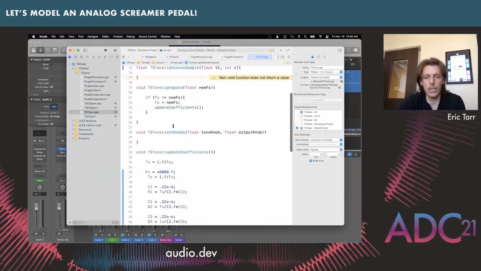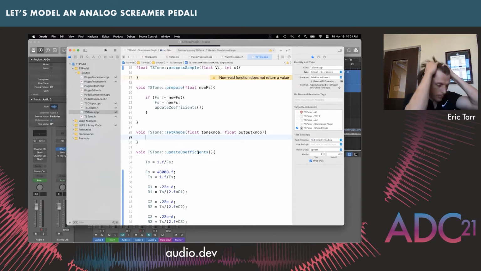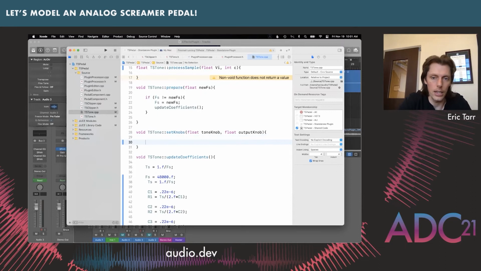The one thing we need to do is control how we're going to change the knobs right here. So let's program that and say we have some tone knob coming in where, I guess for now, say our pot tone is equal to, we don't want our tone knob to go all the way down to 0.